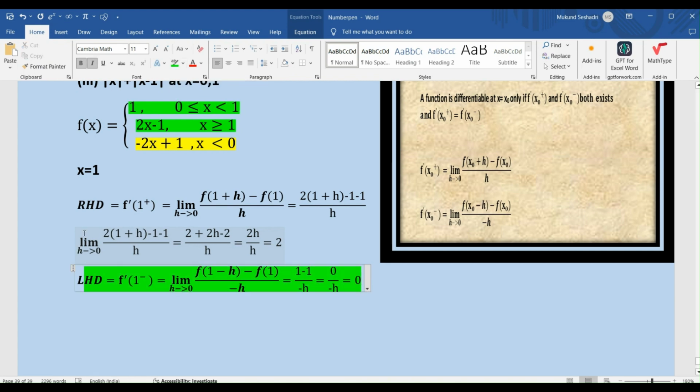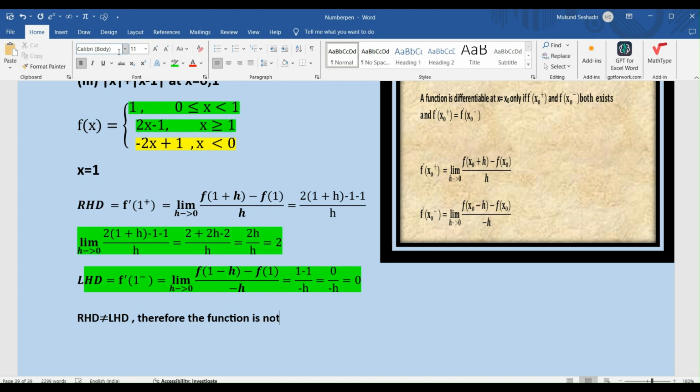Both are not equal, RHD is not equal to LHD, and therefore the function is not differentiable at x equals 1 as well.